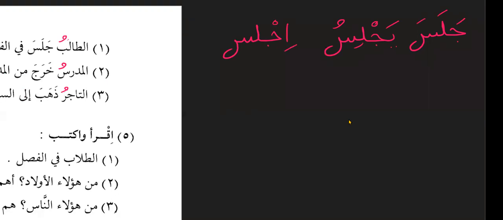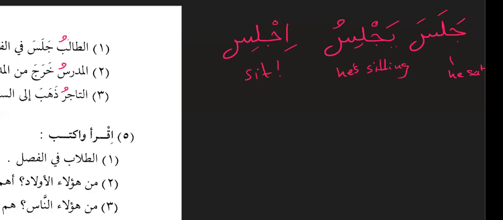Jalasa means he sat, so we have the past tense. Then we have the present tense, so he's sitting. And ijlis means sit. Then we say ذهب يذهب اذهب، أكل يأكل كل.